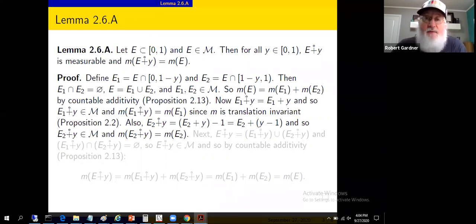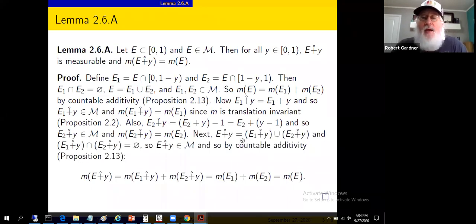Then by the definition of circle plus, you subtract 1 from all of those. So what we're really doing is taking set E2 and translating it by an amount y minus 1. Well, that's just a translation. So E2 is measurable, as was E1, E2 circle plus y is measurable, and it has the same measure as E2, since we've written it as a translation.